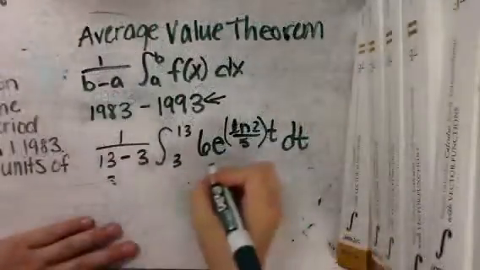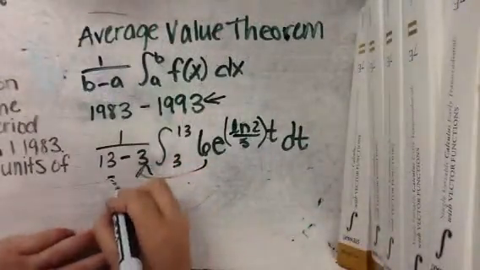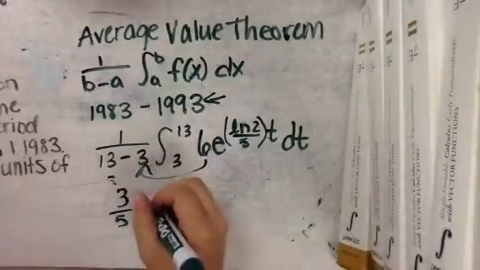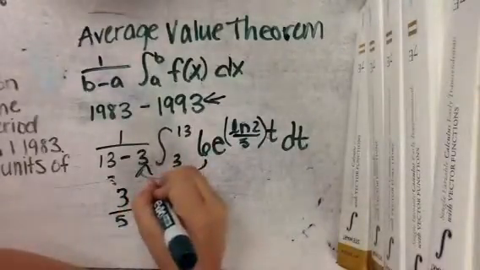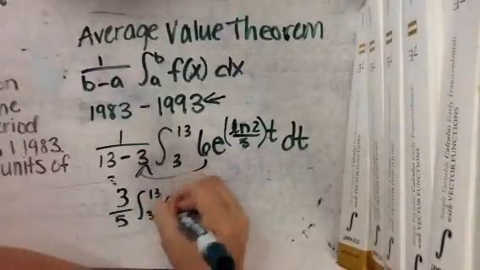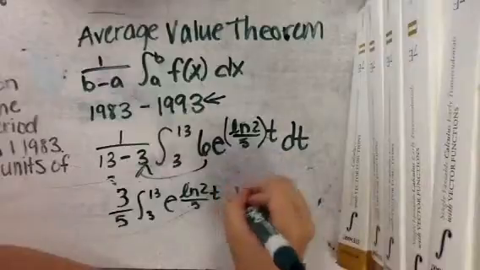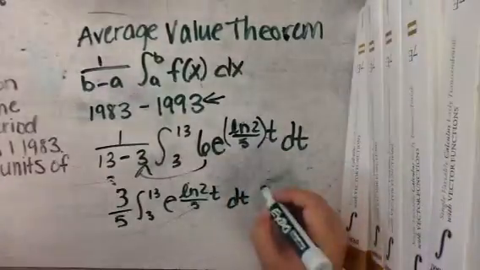First we take the 6 over the 10 and simplify it down, and it equals 3 over 5 times the integral from 3 to 13 of e to the ln of 2 over 5 t dt.